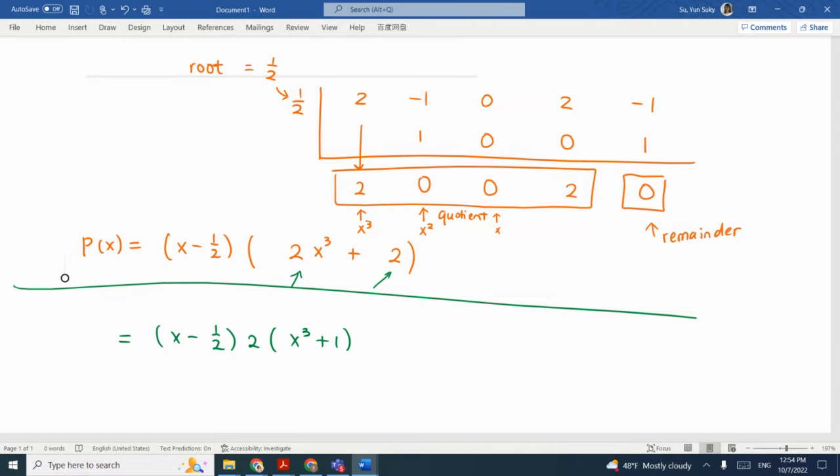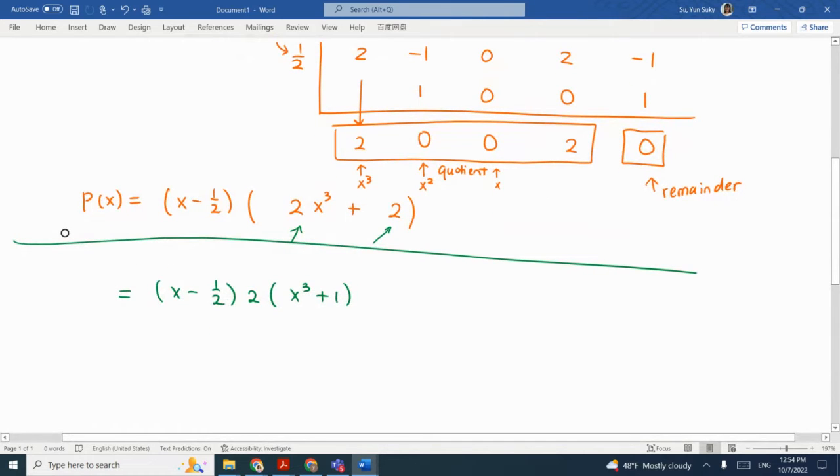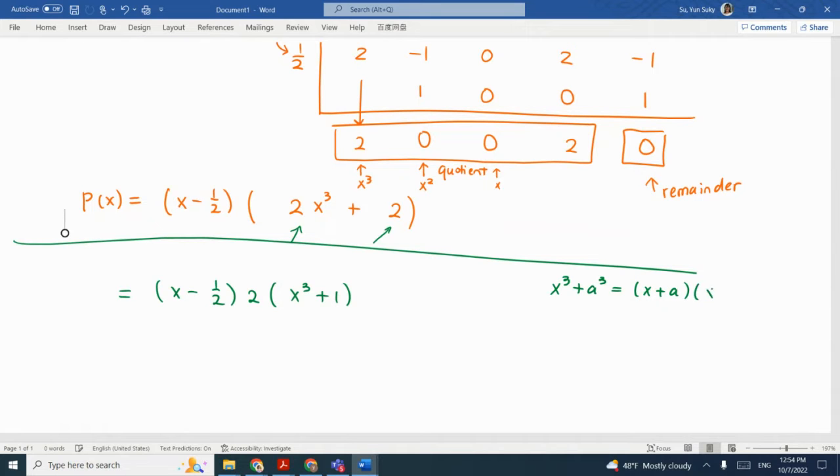Next, x cubed plus 1. If you remember the formula, x cubed plus a cubed is x plus a times x squared minus ax plus a squared, and x cubed minus a cubed is x minus a times x squared plus ax plus a squared.